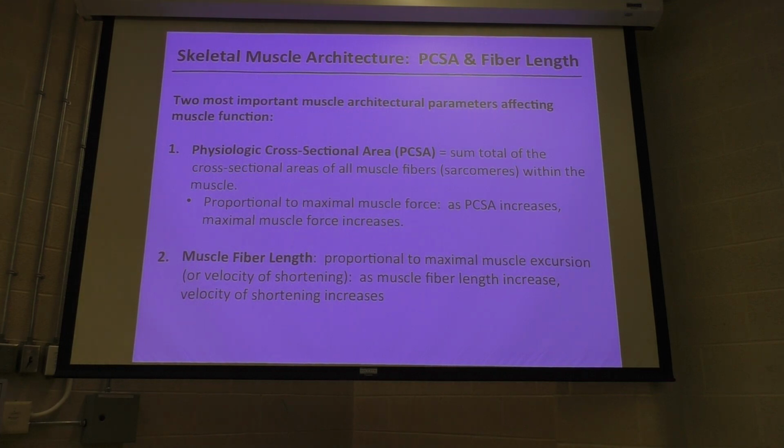And the muscle fiber length has to do with how many sarcomeres exist in series. It has to do with shortening velocity.